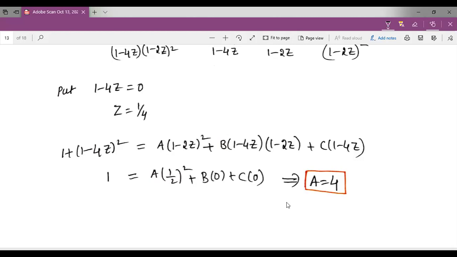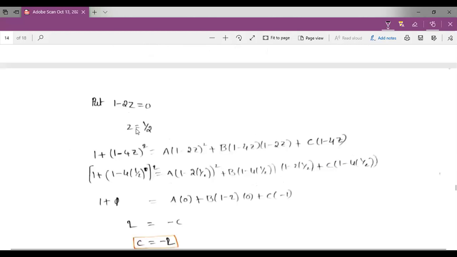So next we put 1 minus 2z equal to 0, z is equal to 1 by 2. Now substitute this value in that equation. 1 plus 1 minus 4 into 1 by 2. So 2 twos, 1 minus 2, minus 1 whole square.